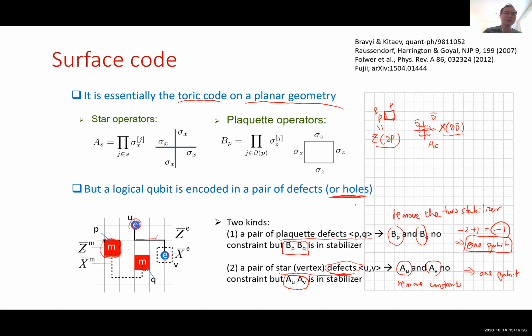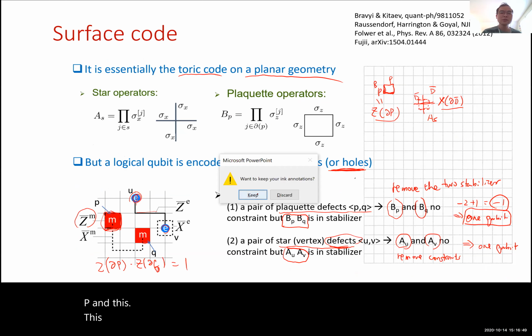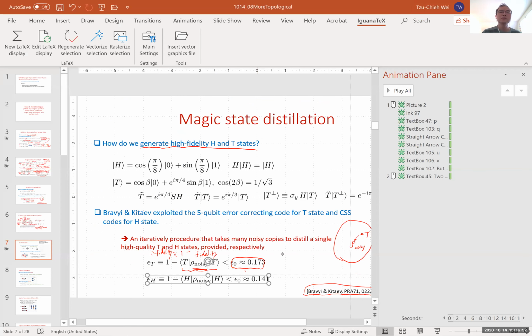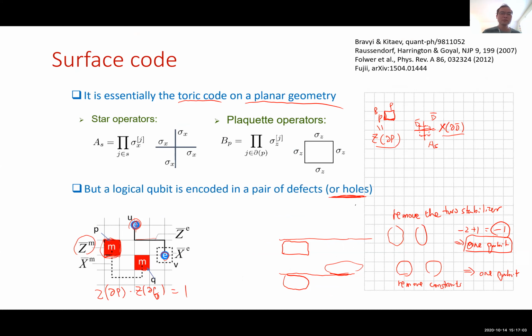So I can take this as the logical Z. But I can also take this as a logical Z, because the product of the two plaquettes Z is one that's enforced.